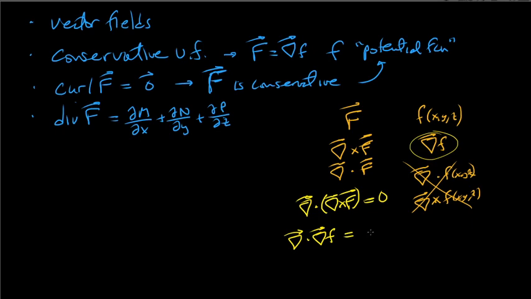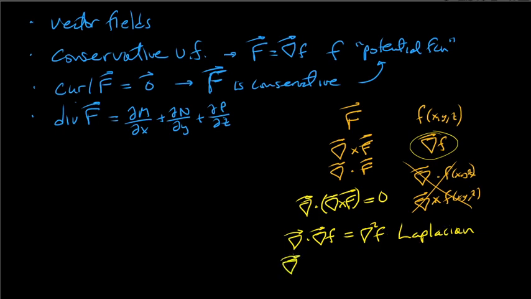And in fact, what you get is something called the Laplacian. This has to do with thinking about this as like a second derivative. You get Laplace's equation if you set this equal to 0, or Poisson's equation if it's some function. And if this does equal 0, you get harmonic functions. But we're not going to worry about that.